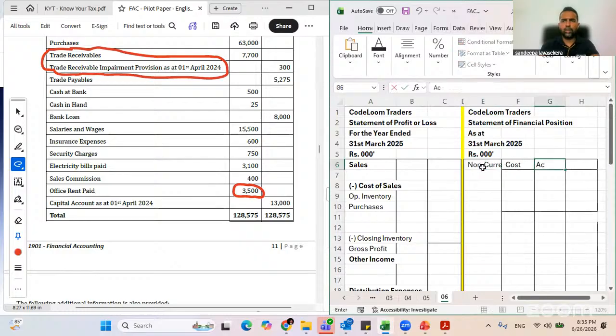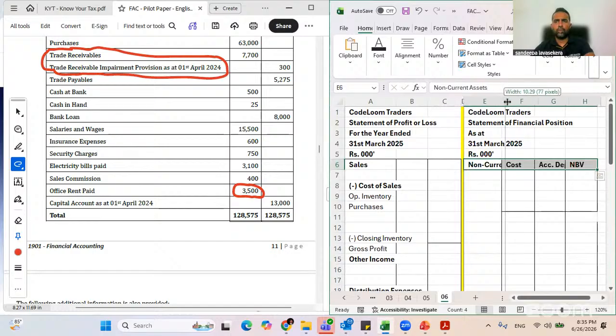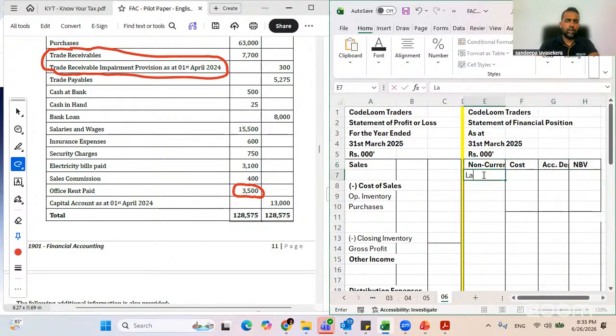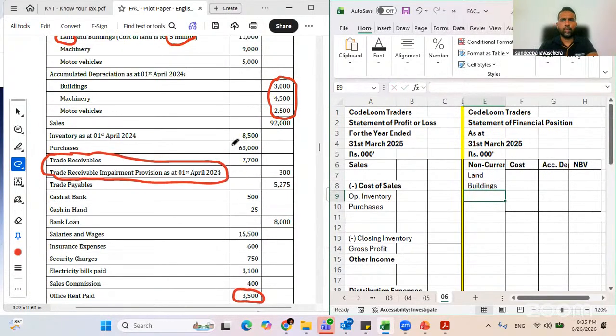Cost. Accumulated depreciation and the net book value. The land. Buildings. Machinery. Vehicles.